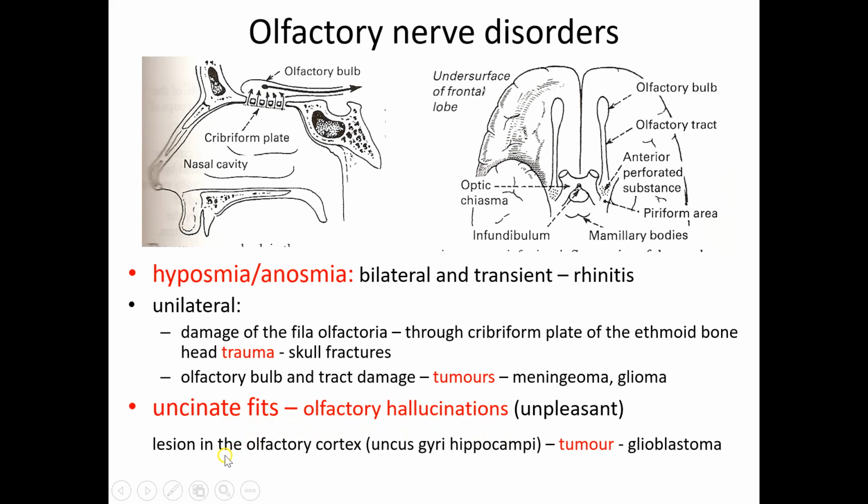These are due to lesions in the olfactory cortex, which is uncus, gyri, hippocampi, and those lesions may be a tumor like glioblastoma. Rarely, in patients you may find only olfactory hallucinations, which may be transient, unpleasant olfactory sensory smells, and it is a type of epilepsy. You say it is symptomatic epilepsy or symptomatic seizures.